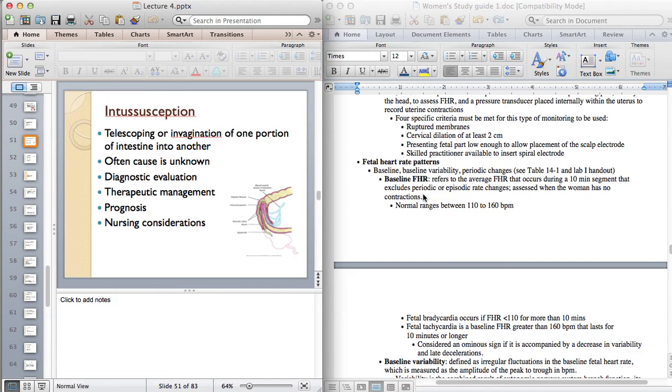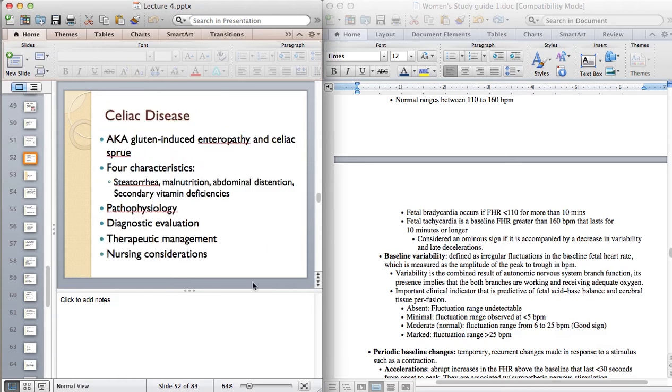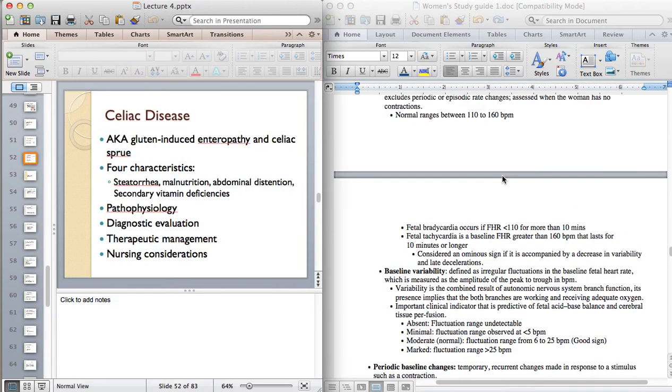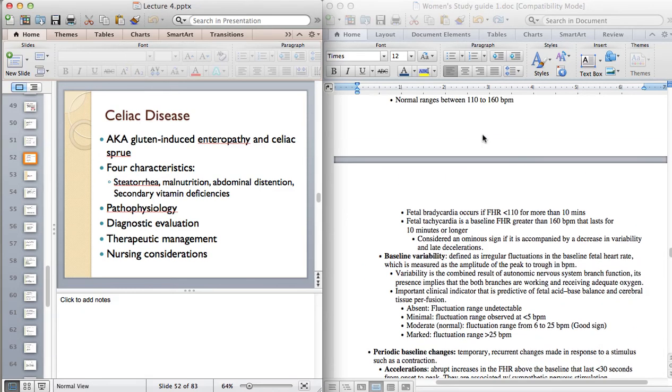Okay. So the last one I want to look at in the GI will be celiac disease, and that will be when, for some reason, the child cannot digest gluten.